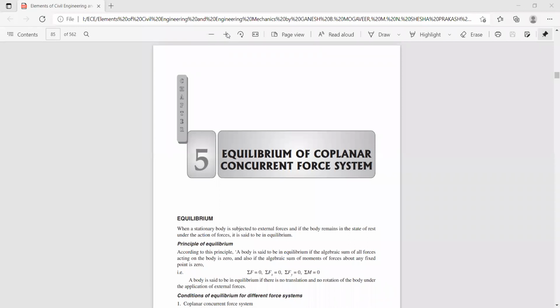Okay, so the portions for this subject for the first online internal, or it may be offline internal: whatever we have discussed in the first chapter, that is the classification of force systems, the law of parallelogram of forces, Varignon's theorem, the concept of moment and couple, and also the resultant of a coplanar concurrent force system.